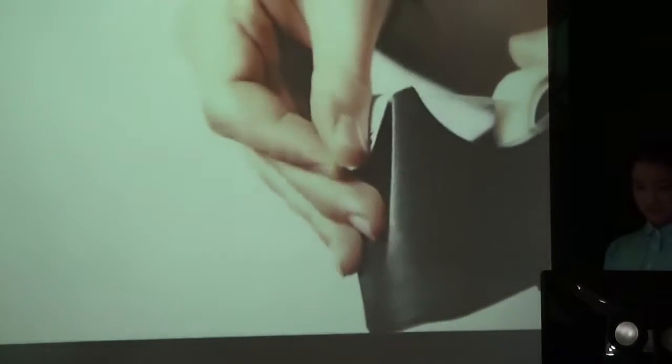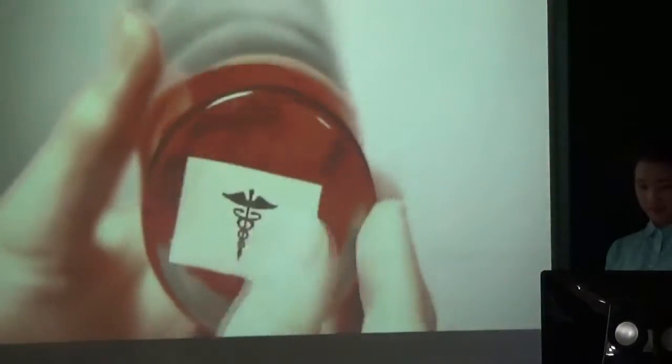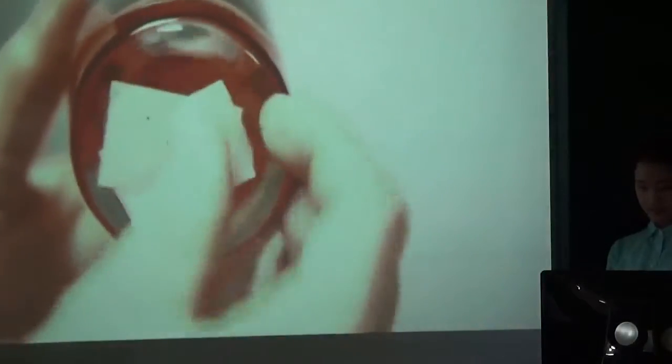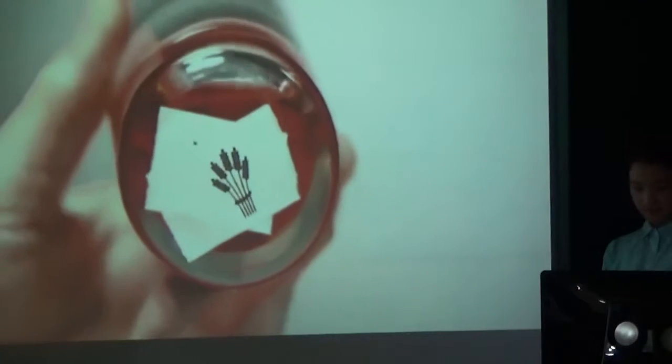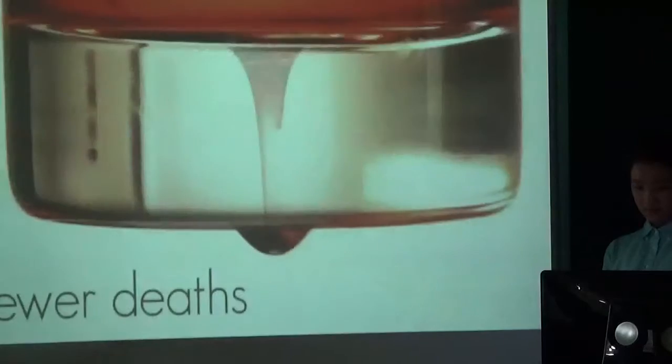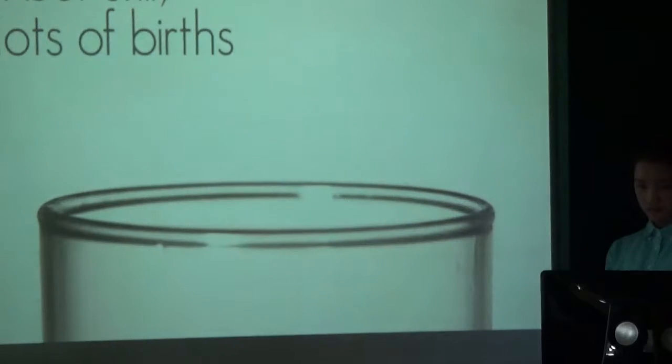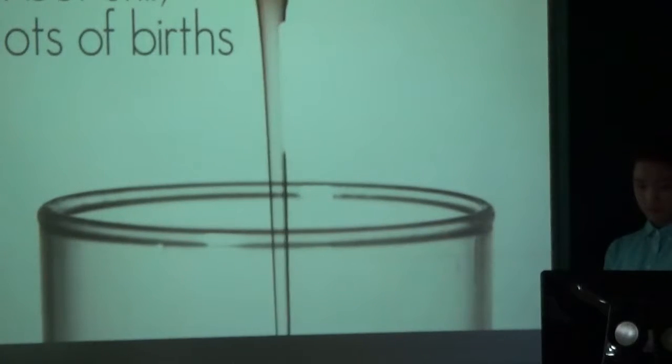But things are changing. Better medicine and better agriculture are starting to slow the leak from the bottom of the glass. People still die, of course, but more babies grow up and have babies of their own. Lots of babies.